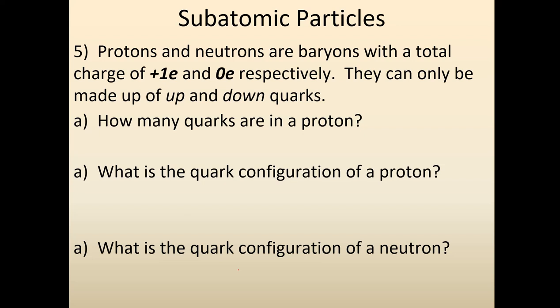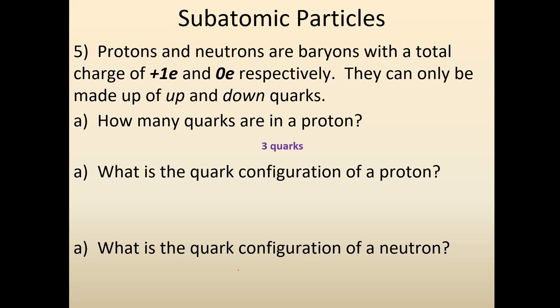All right, so here it says that protons and neutrons are baryons. So again, there's three quarks, and I need to make them up so that we get +1 and 0 for the protons and neutrons, and they can only be made up of ups and downs. So for a proton, since it's a baryon, we know it's got three quarks.